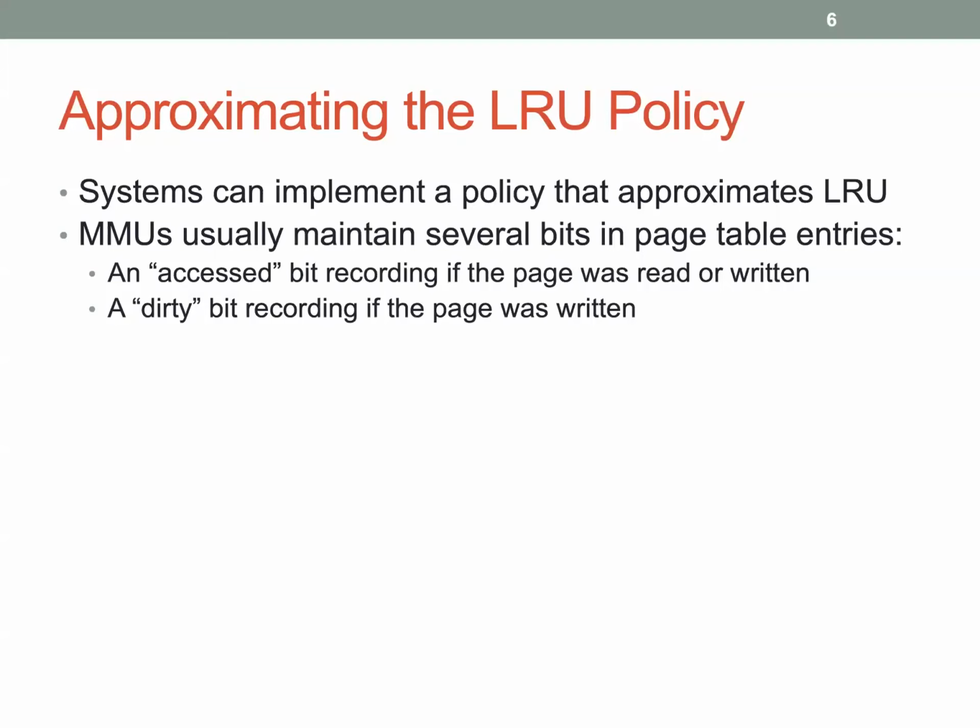It means that the mapping is valid. We also have accessed, which just means that some part of the page has been accessed since the last time we checked. And then you have a dirty bit, which just means that there was an access that was also a write to the page. Now the MMU only sets these bits. It only sets them to 1.